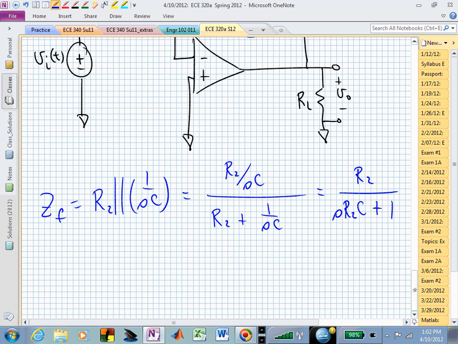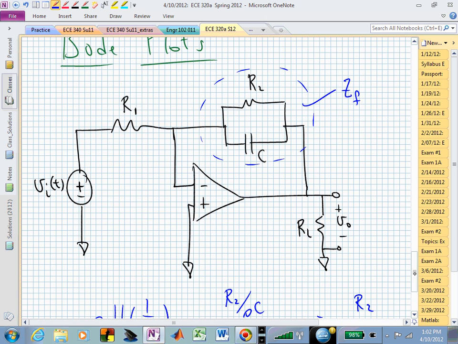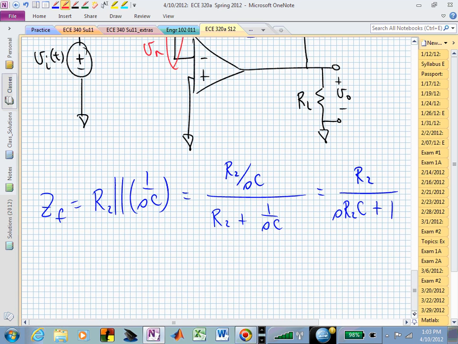If I now go back and I say, well, what's my transfer function between V sub I and V sub O, I could now say, well, let me write KCL at that inverting terminal node. And I know if this is not saturated and I'm in ideal conditions, there will be no current going into that inverting terminal node or terminal. For that reason, I only have two currents to worry about in the KCL equation. And if I do this in the frequency domain, I now have the current going to the left.